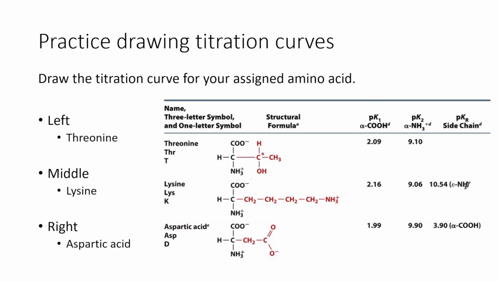So everybody take a few minutes and draw one of those 3 titration curves. You can work in groups or with partners if you want. If you have any questions, you can call me over and we'll all come back together in a few minutes.